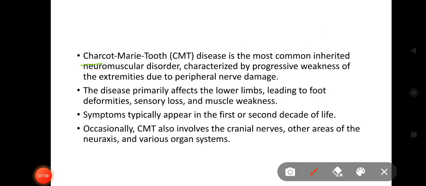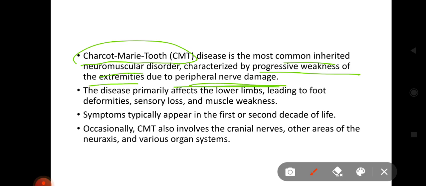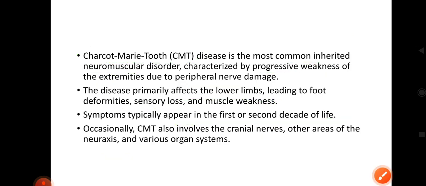Now a few points about Charcot-Marie-Tooth disease. It is the most common inherited neuromuscular disorder, characterized by progressive weakness of the extremities due to peripheral nerve damage. The disease primarily affects the lower limbs, leading to foot deformity, sensory loss and muscle weakness. Symptoms typically appear in the first or second decade of life, and occasionally CMT also involves the cranial nerves, other areas of the neuraxis and various organ systems.